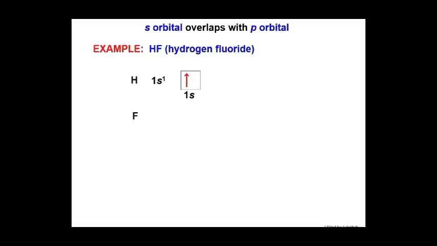Fluorine is 1s2, 2s2, 2p5, and the valence electrons of fluorine are 7. That means fluorine needs only one more electron to become octet.